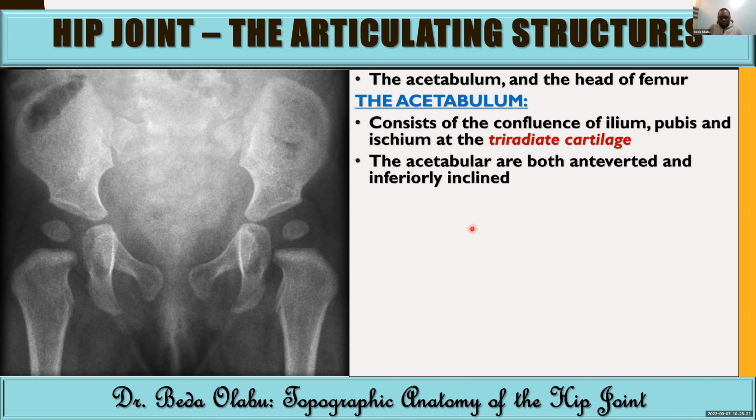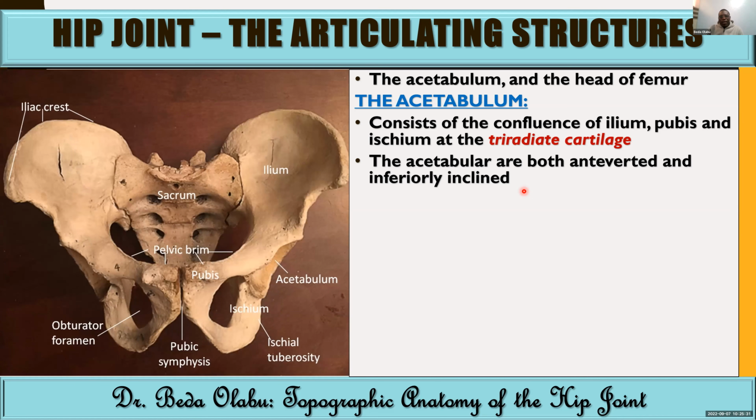The acetabulum is both anteverted as well as inferiorly inclined. What does that mean? Anteverted means that it's tilted anteriorly, so it faces slightly forwards. The acetabula don't face directly laterally from the pelvis.